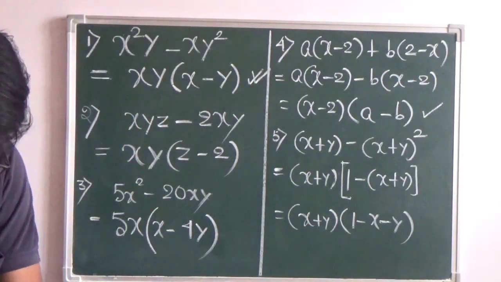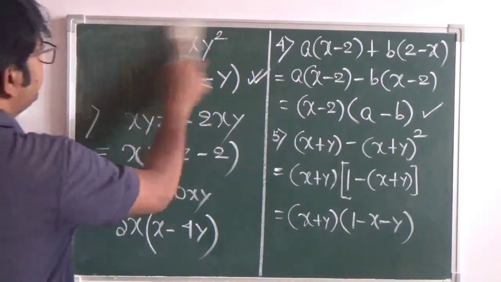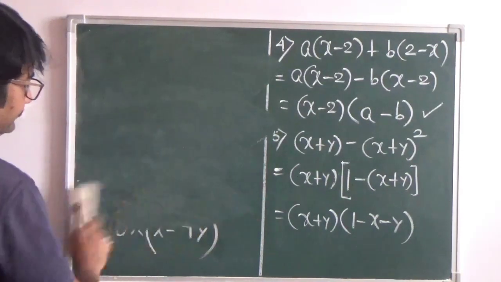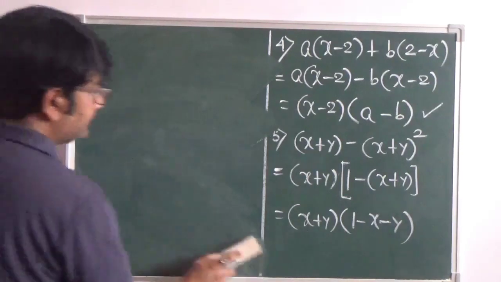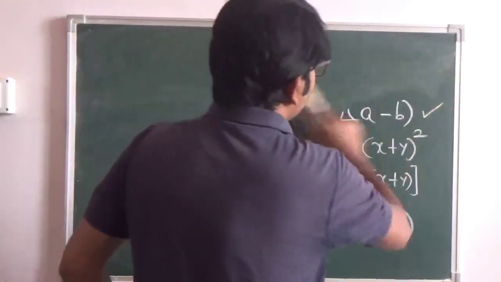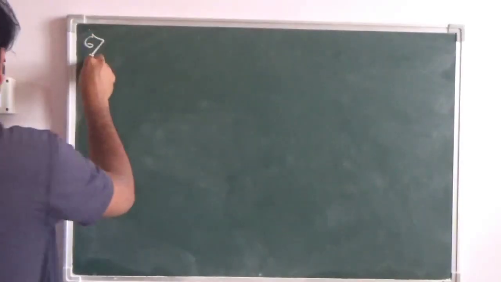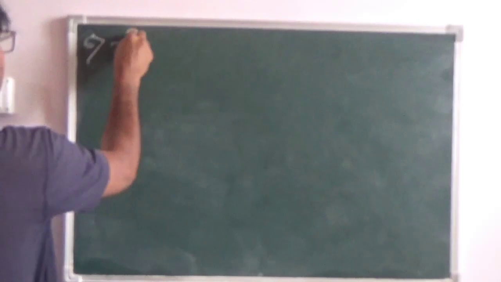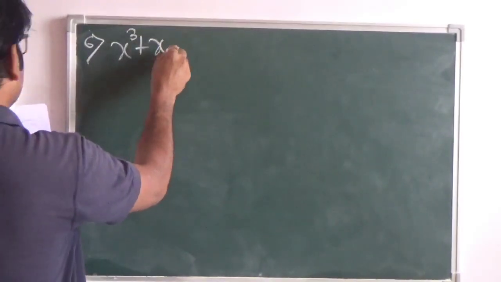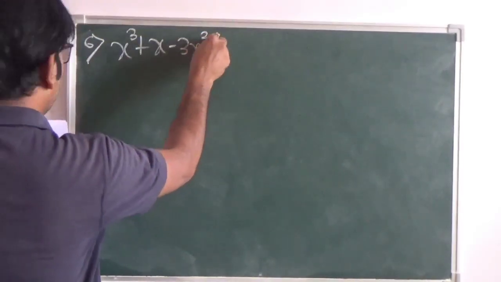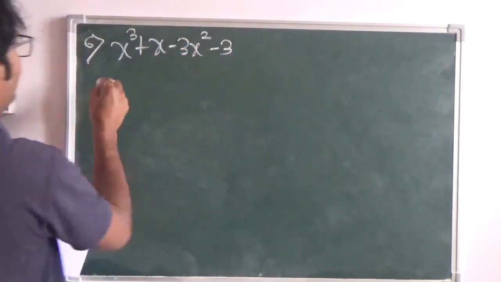We move on to question number 6. This is x cube plus x minus 3x square minus 3.